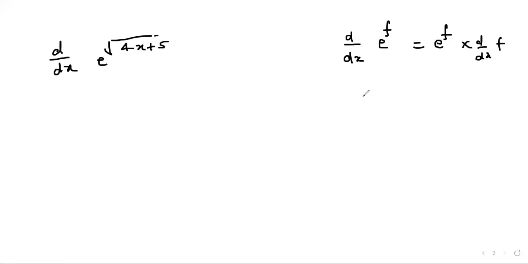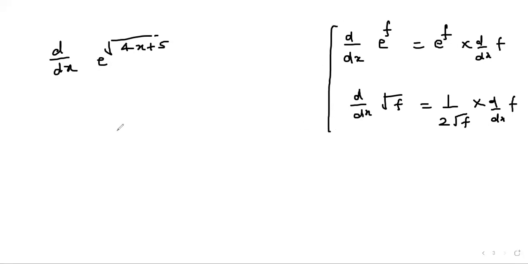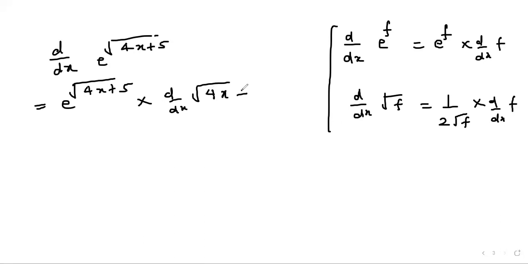And the second rule, d upon dx of root of a function gives 1 upon 2 root function times d upon dx of function. Let's apply the two rules and let's see the result. So according to this rule, it will become e power root 4x plus 5 times d upon dx of root 4x plus 5.